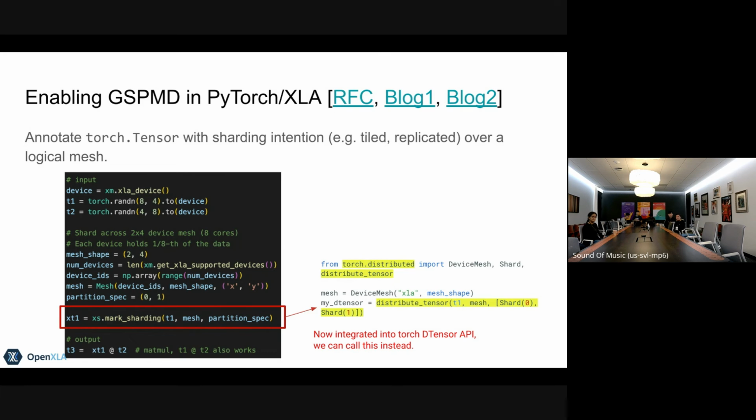So what GSPMD does is take this single device program, with no collective communications and no special distributed PyTorch ops, and automatically transform it into a partitioned program that runs on multiple devices. On the right, I highlighted some PyTorch native distributed APIs to emphasize that GSPMD can be enabled through the torch distributed tensor API as well. You just call this API with an XLA device mesh, and then it starts using GSPMD on the XLA backend.